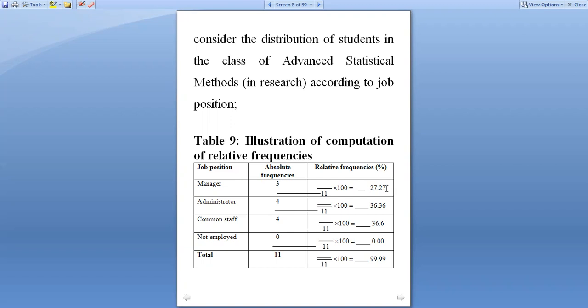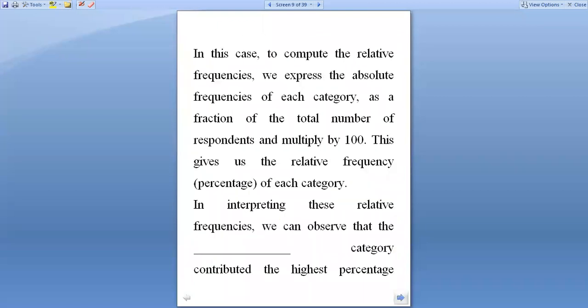We get percentages by dividing the absolute frequency of each category by the total number of respondents and multiplying by 100. So that is how to get that. And then the last question would be, how do we interpret the results?